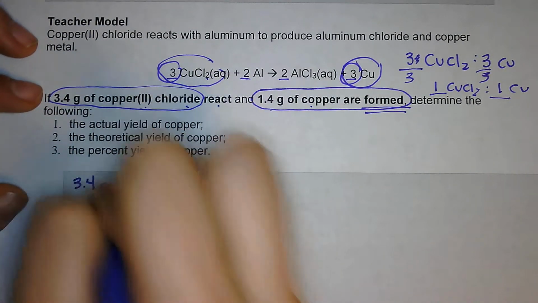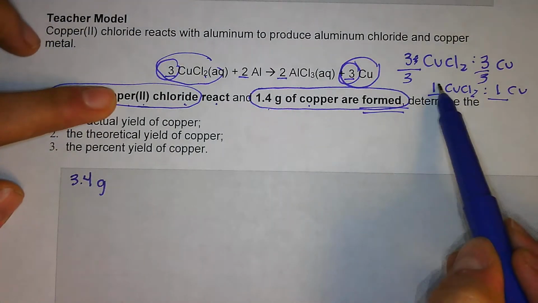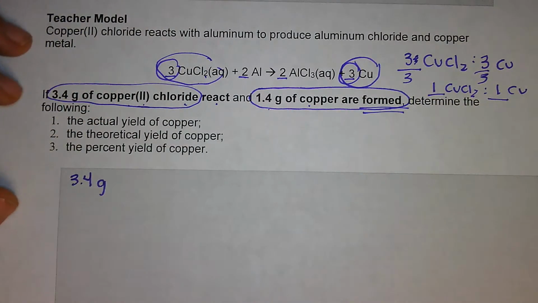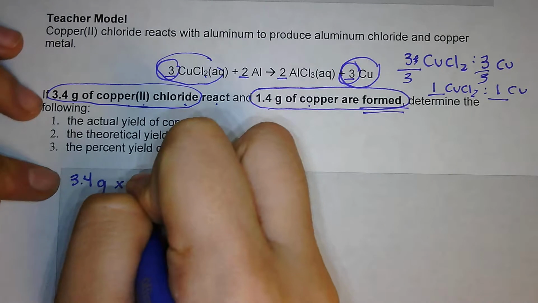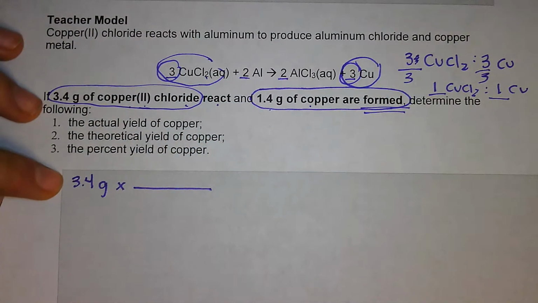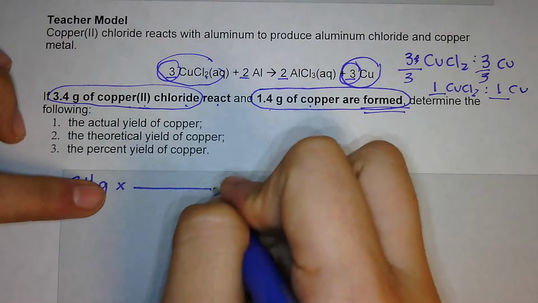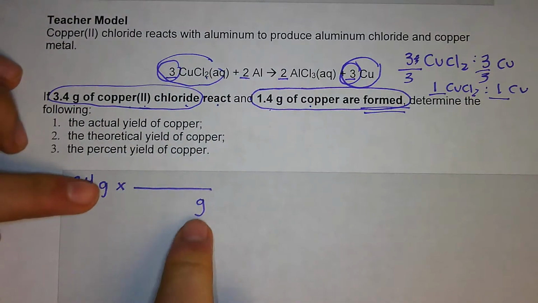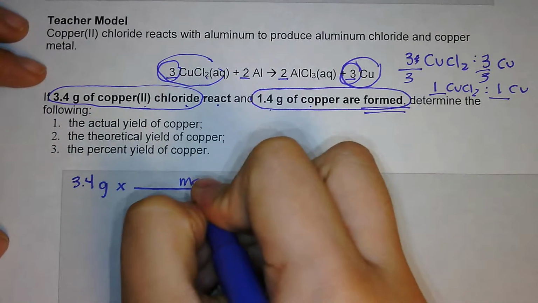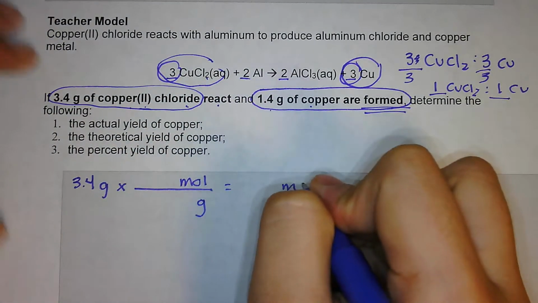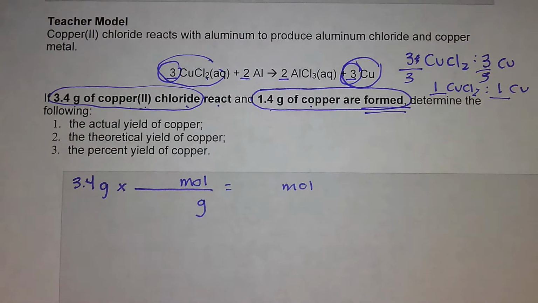So let's start. 3.4 grams of copper 2 chloride. To compare, we need to turn everything into moles. So I need to multiply this by the molar mass to get rid of grams and end in moles. That means I have to have grams at the bottom, moles at the top, and I end up with moles. So I'm going to quickly cheat here and look up the molar mass of copper 2 chloride.